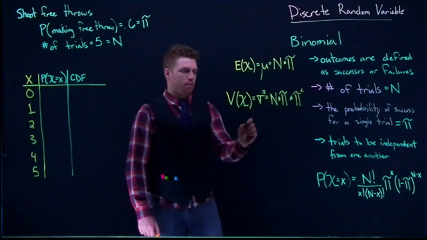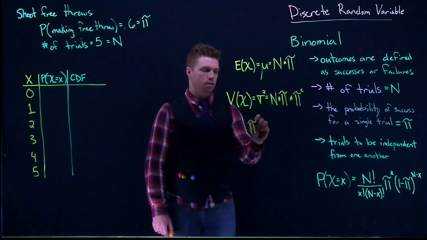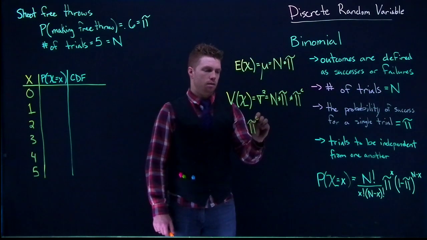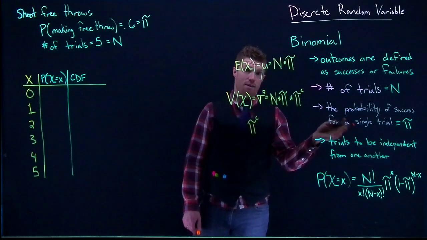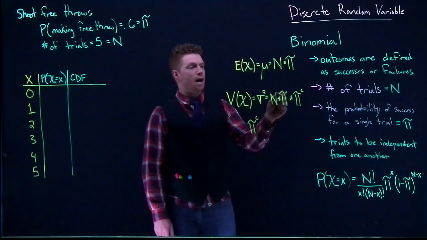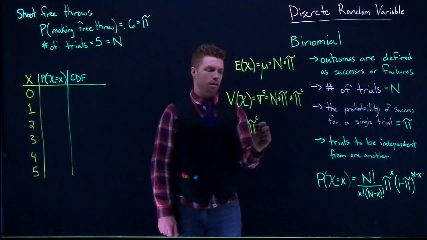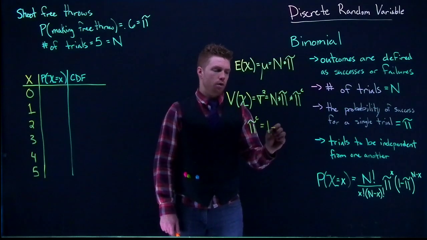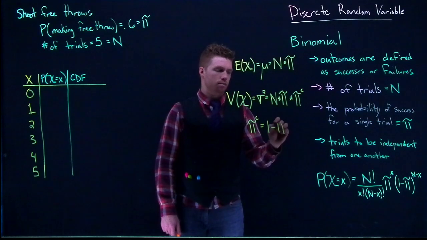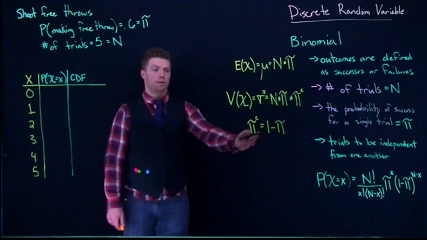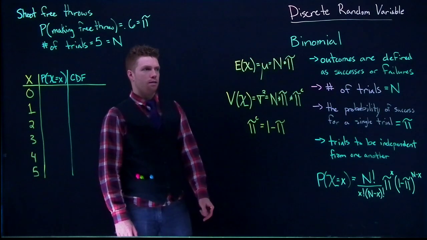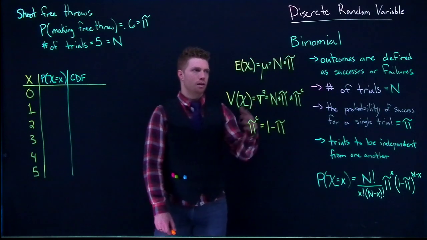Now remember, pi complement is basically the probability of failure. So if this guy is pi, then the probability of failure is just equal to 1 minus pi. That gets us our complement. And that is how we get our variance.